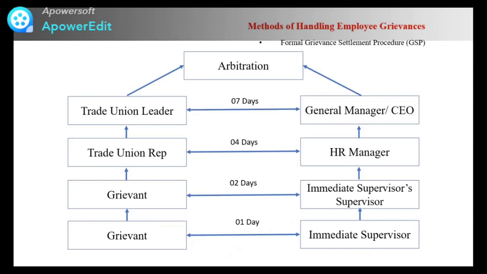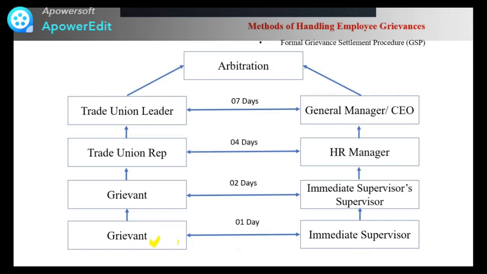Then this is an example of an employee formal grievance settlement procedure. If there is a grievance at the worker level, then the worker presents the grievance to the immediate boss. Then within 1 day, the immediate boss has to give the solution.